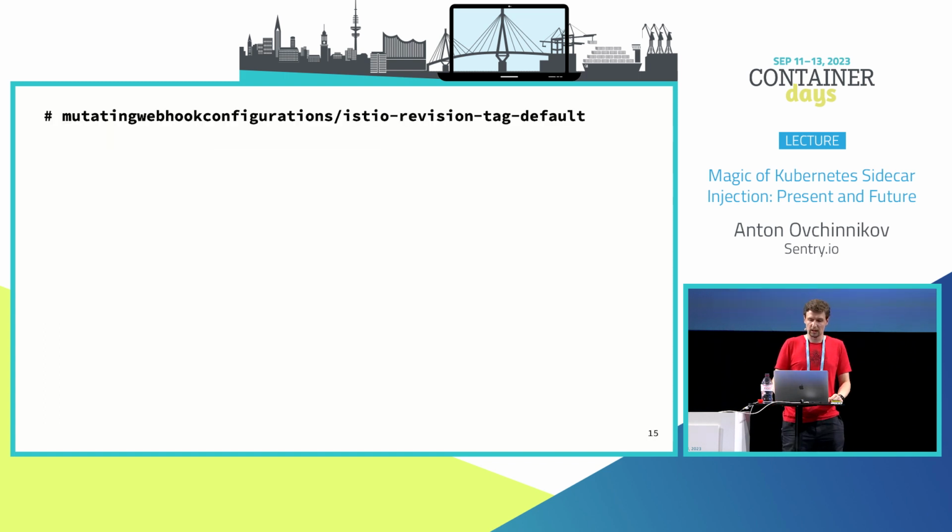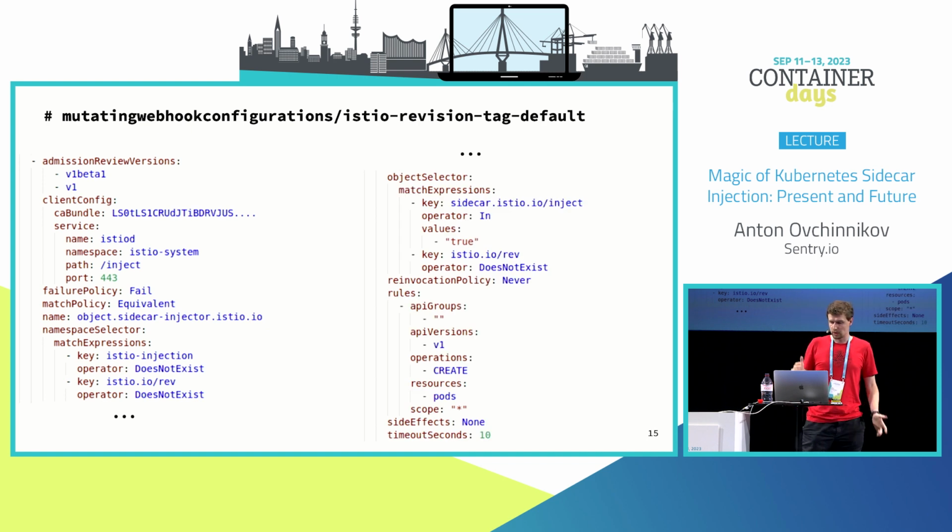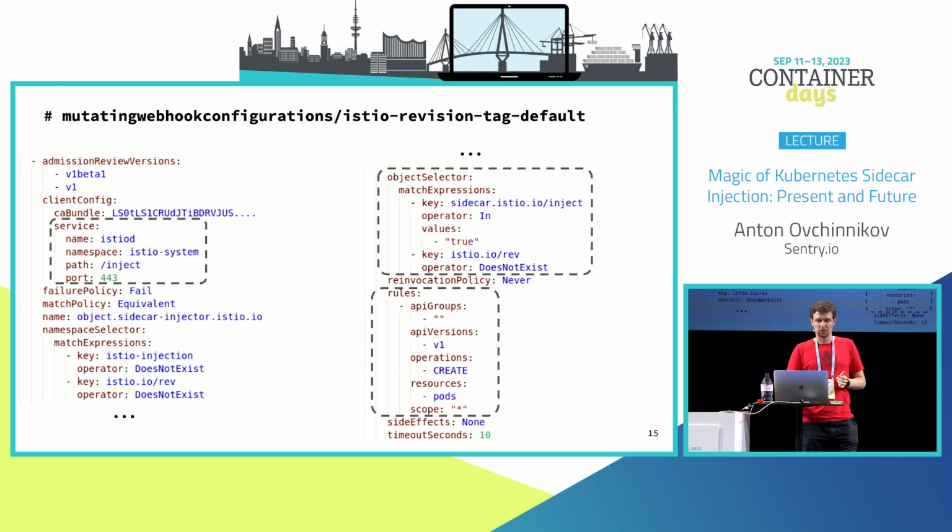And just take a look at one of those configurations, like at one of those webhooks. This is one of them. It's a single configuration, just in 2 columns. And it might look like a lot of YAML, but actually we are interested in 3 parts. The first one is the destination service.